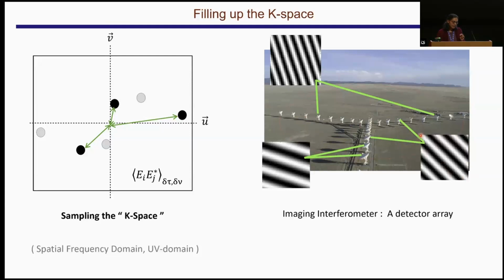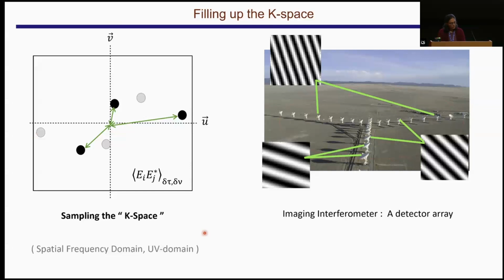The example on the bottom right, which is at a different angle, maybe goes to this bottom left quadrant here, and the third one up there. The little gray spots here are just the complex conjugates, because by measuring one point, you implicitly measure the complex conjugate as well, simply because power is real valued and image is real valued, so the transform has to be Hermitian. So this is how we build up our K-space.